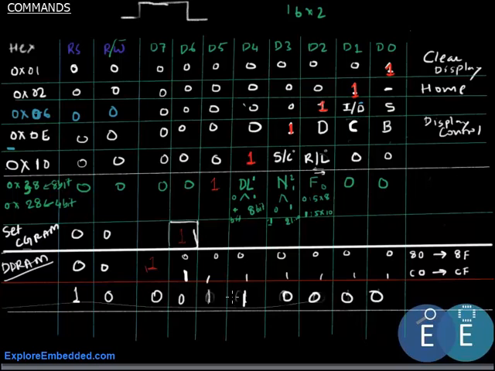So if we send this, 0 will be displayed on the LCD. So this is the send data command.